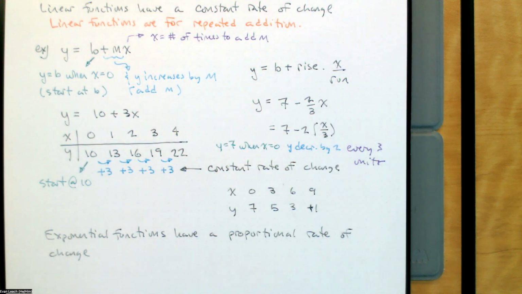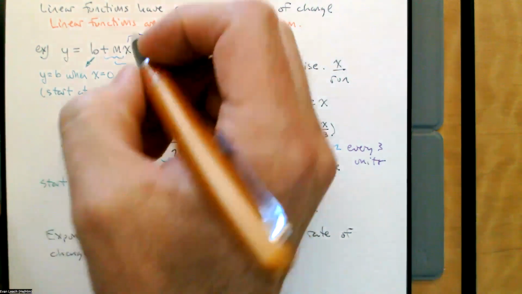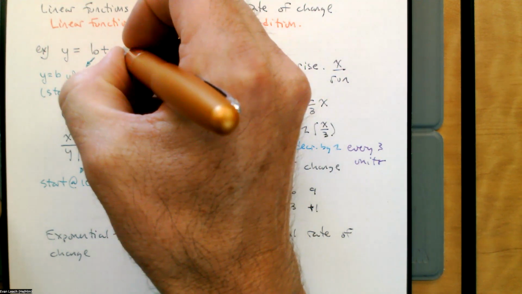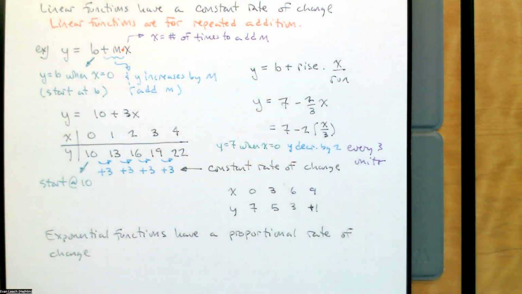Now that that's come up, linear functions are for repeated addition. We use multiplication to represent repeated addition, and here's that multiplication. Here is our repeated addition. Multiplication is repeated addition. There's the multiplication, m times x. Exponents are for repeated multiplication.